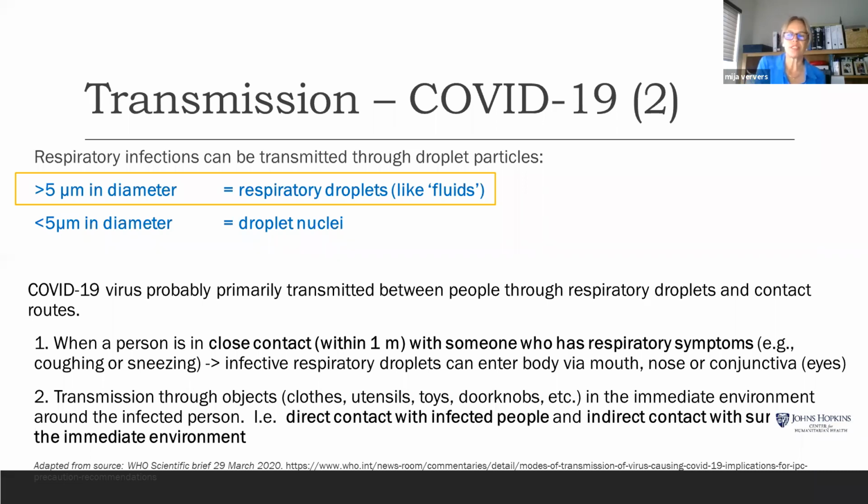But it's also possible that you transmit through objects. You hold your hand on utensils, doorknobs, toys, or clothes. So if you're in the immediate environment of an infected person, it's likely that these kind of fluids are on those objects. Next slide.